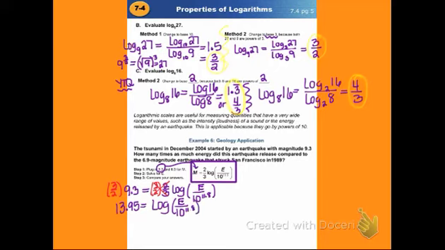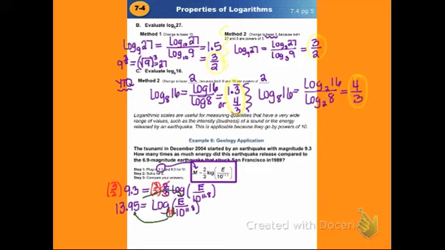Now notice that this logarithm does not have a base listed, and that's because this is base 10. So at this point, we could switch this over to exponential form by taking the base of 10, raising it to the power, which is 13.95, and setting it equal to this result.